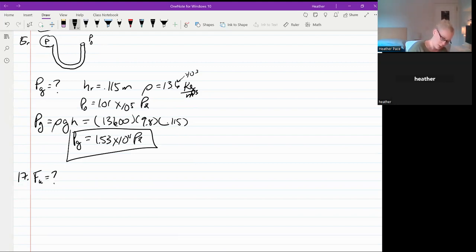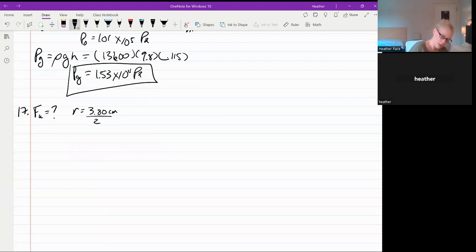diameter. So radius equals 1/2 of diameter. So we've got 3.80 divided by 2. This is in centimeters, so we're going to want to change that right away. So 100 centimeters over 1 meter. Meters, 2.